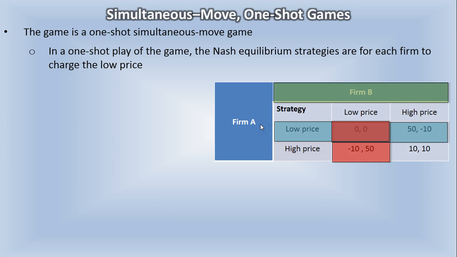So regardless of what firm A does, firm B would choose a low price. So they have a dominant strategy as well to charge a low price. The place where the strategies that both would choose intersect is low price, and therefore that is the Nash equilibrium for this game.